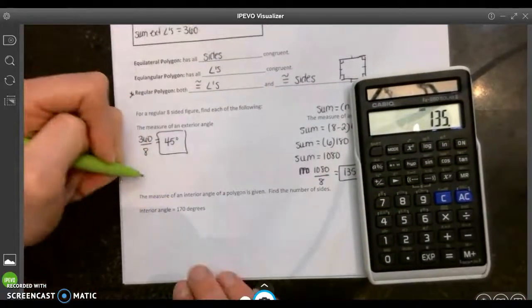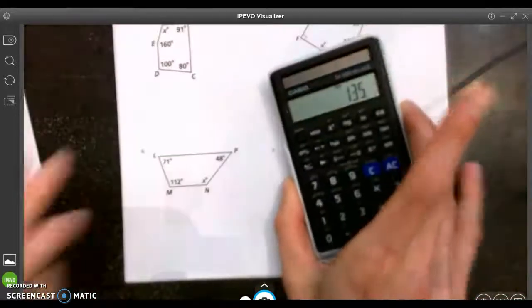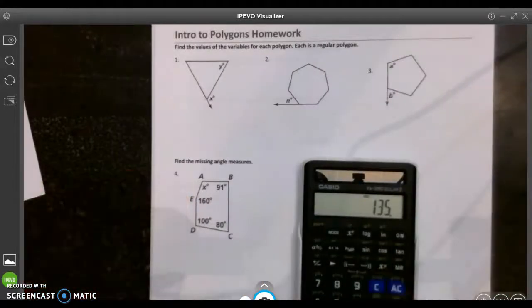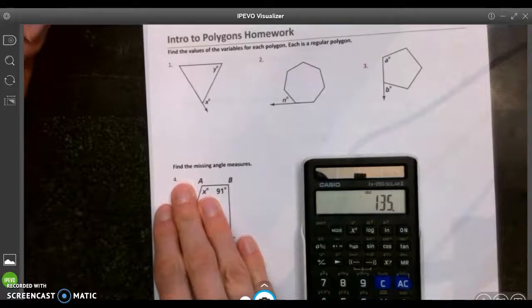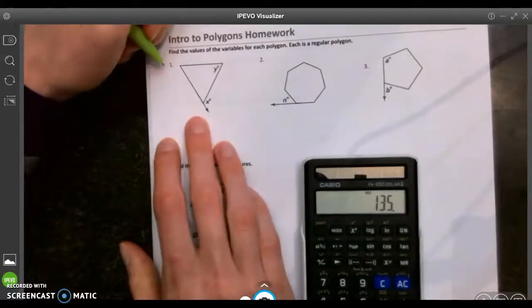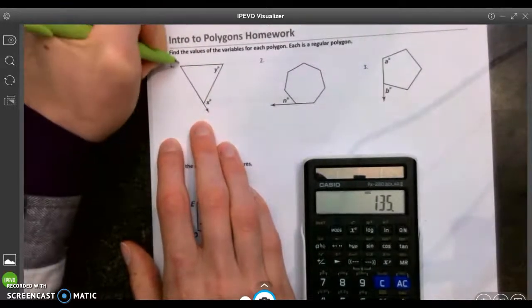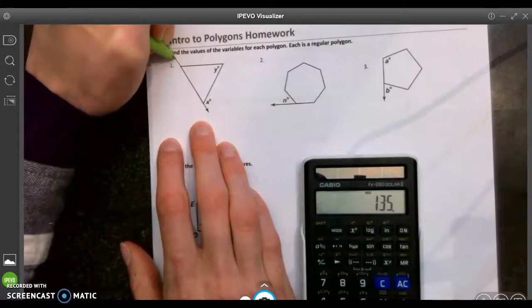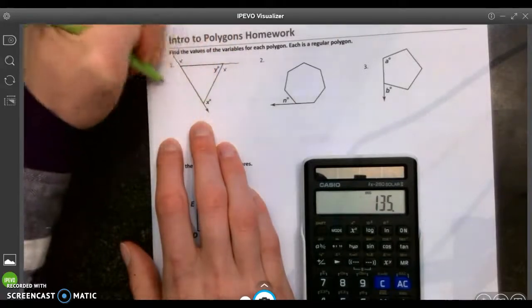And then this one's a little bit difficult, so we're going to skip that one. And we're going to move to the homework, and I'm going to do one of each type of problem. So I want to do number 1. We are finding an interior and an exterior angle. An exterior angle is pretty easy to find. If all the exterior angles are supposed to be the same, I could draw them all on here, one right here and one right here, and they all go in a circle.